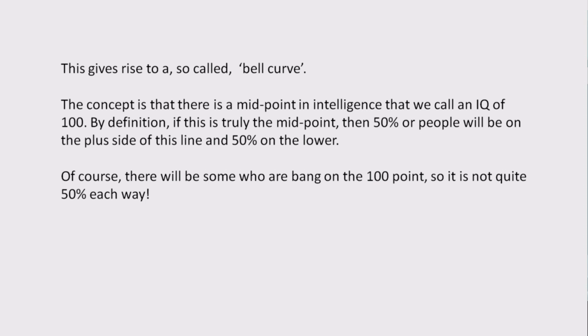Of course, there will be some who are bang on the 100 point, so it is not quite 50% each way. So 100 is taken as the average. It's a bit of an arbitrary average, but what they do is they test lots of people to find out more or less what the right score is for a particular test. And then if you do above that score, you're above, and then below.